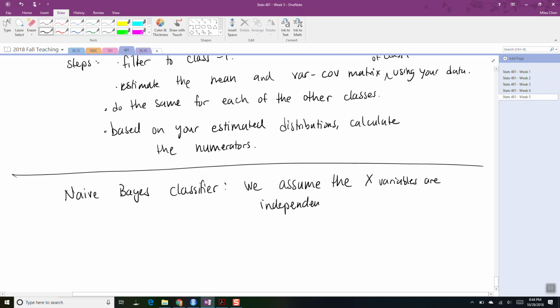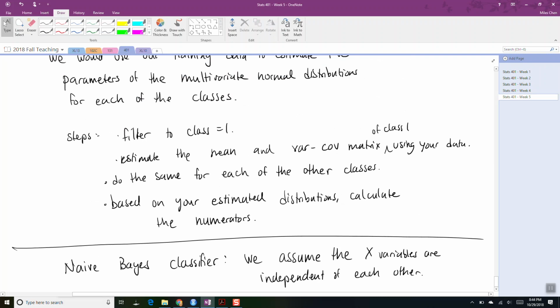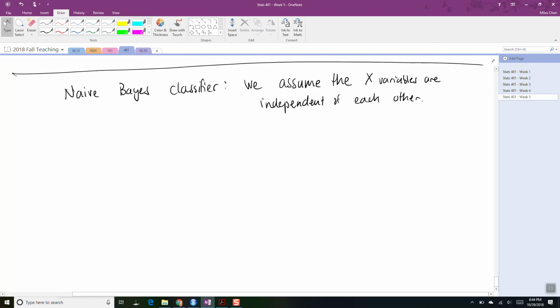Now, why would we do this? Estimating the variance-covariance matrix for each class requires a decent amount of data. To get a good estimate of it, we need a lot of data, and if we only have a few data points, the estimate could be very wrong and end up producing bad predictions or bad density estimates.